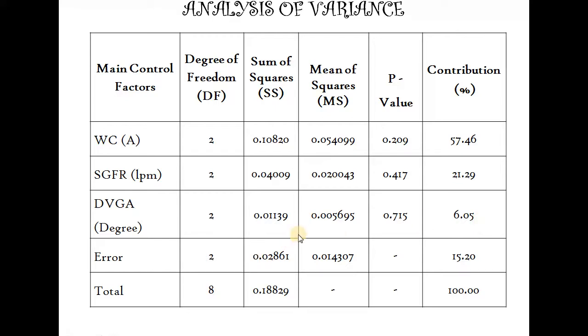The error is 15.2 because they did not consider welding speed and filler electrodes. Maybe they are involved, but the experimenter did not consider them, so maybe that is why the error value is huge compared to the V groove.